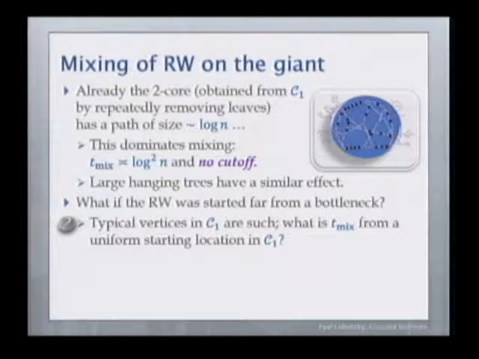And the same for the trees. So most vertices are really far away from a bottleneck, and what happens if I start in one of them? So specifically, what happens if I start from a uniform starting location in the giant? So this is the annealed mixing.